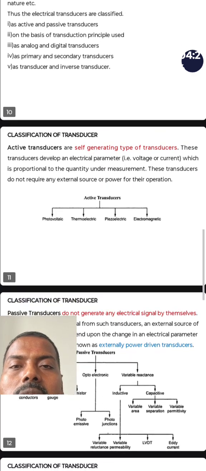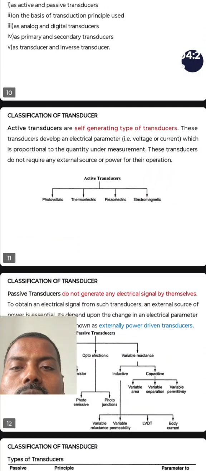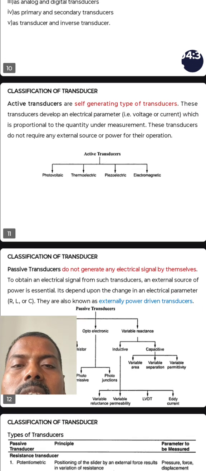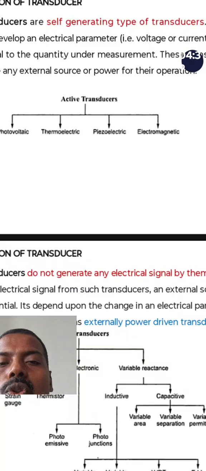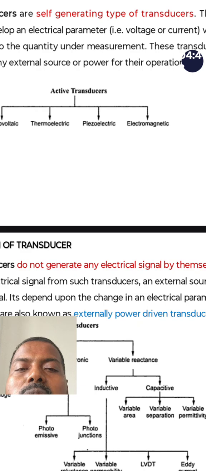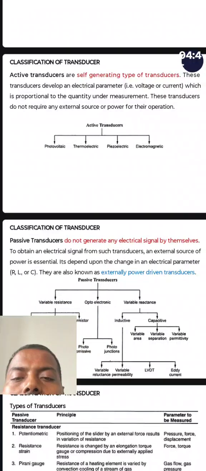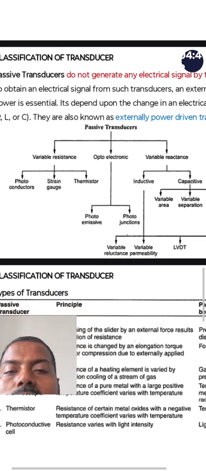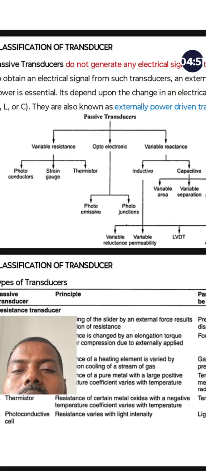These are the classifications of the transducer. Mainly, there are active transducers, or self-generating type of transducers. The active transducers are photovoltaic, thermoelectric, piezoelectric and electromagnetic. The passive transducers are variable resistance, optoelectronic and variable reactance.